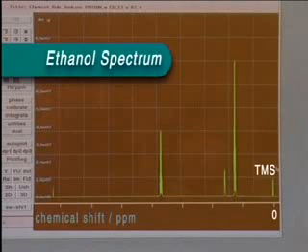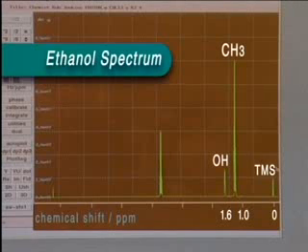The chemical shift of a peak gives information about the molecular environment of the hydrogen atoms that it represents. The peak at around 1 ppm is caused by the CH3 protons. That at approximately 1.6 is the OH proton, and that at approximately 3.5 ppm is from the CH2 protons.